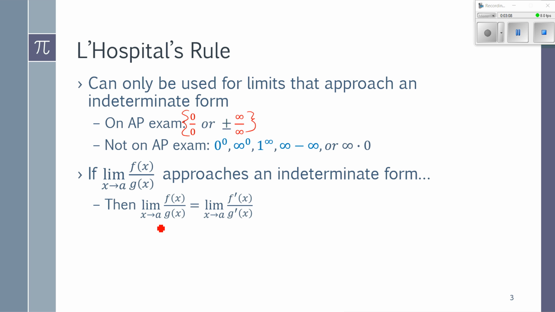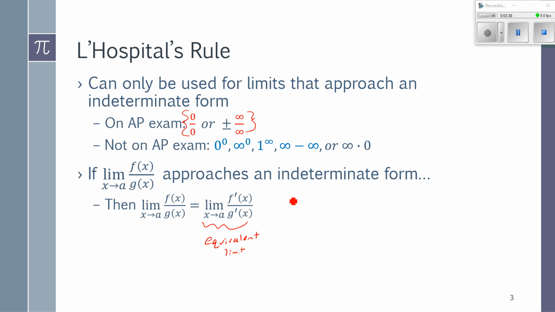So the limit as x approaches a of f of x divided by g of x, if that approaches an indeterminate form, then L'Hopital's rule says that we can set up an equivalent limit as x approaches a of f prime of x over g prime of x. So we're being given an equivalent limit. It doesn't find the limit, it just says, hey, let's try this different limit instead.